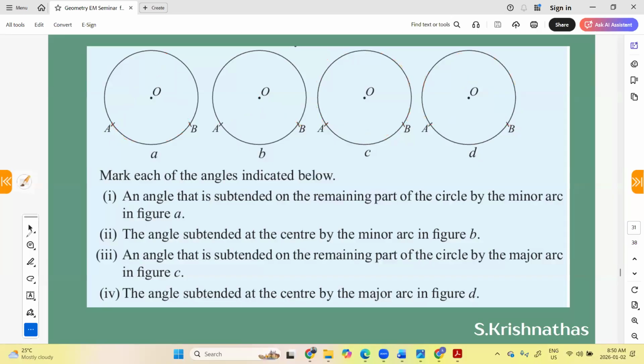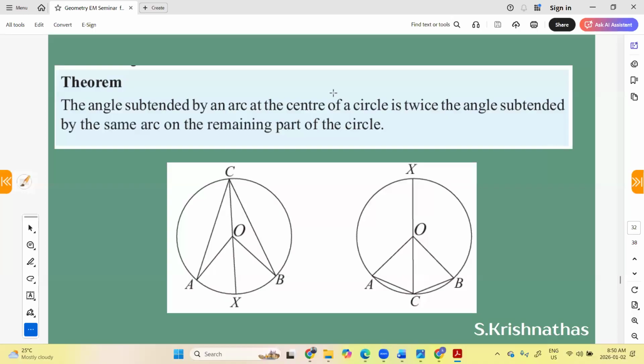Right. Now we can go to the next thing. The angle subtended by an arc at the center of the circle is twice the angle subtended by the same arc on the remaining part of the circle. This is a very important theorem. Here, the arc AB subtends an angle at the center.